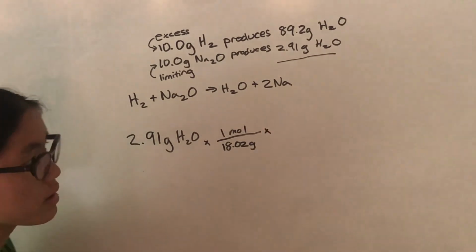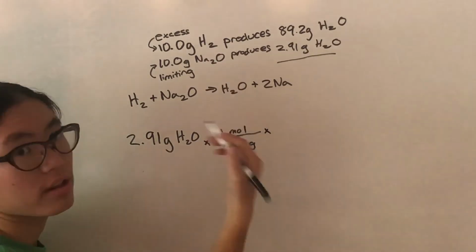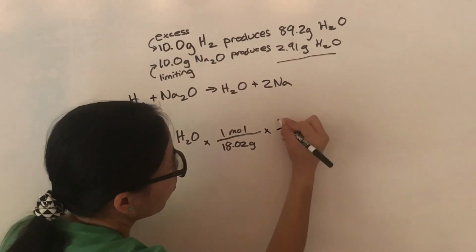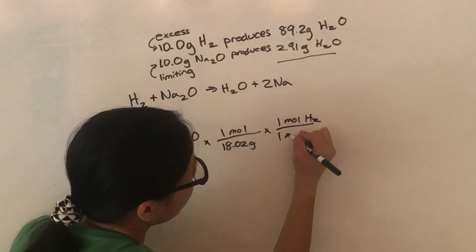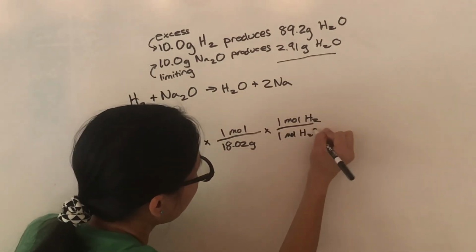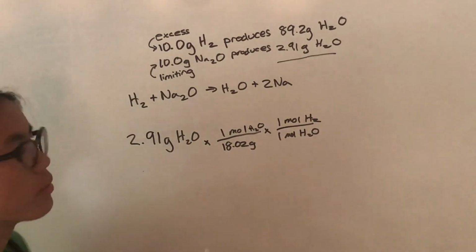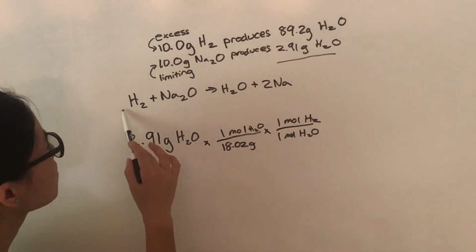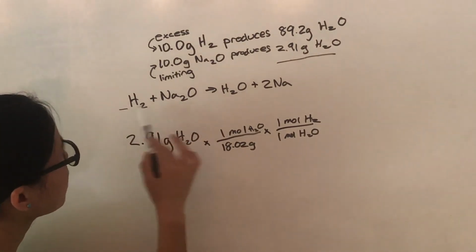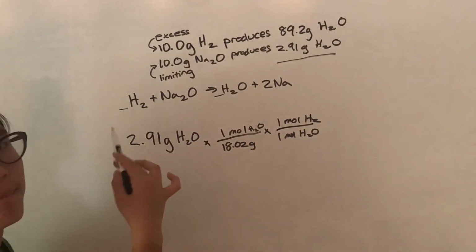So the molar ratio in this case, the excess is H2, so that's what you're looking for on top. 1 mole of H2 all over 1 mole of H2O. Okay, and now in this case the molar ratio is 1 over 1. It's not always like that, but because of the coefficients in front of H2 and H2O being invisible technically, that makes them 1.